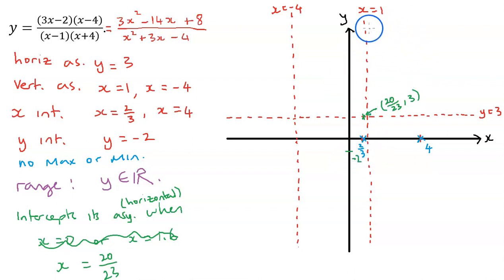Let's sketch this graph. It has to look like this because it's going to go upwards, and we know it goes through this point and this point. So it's forced to go upwards because it can't turn around anymore. It can't turn around because there are no maximums or minimums. So it looks like this.